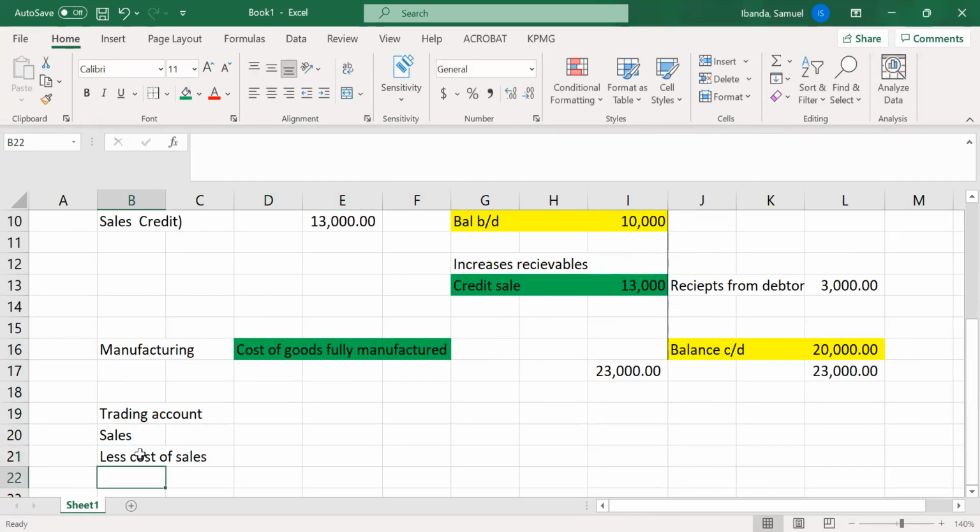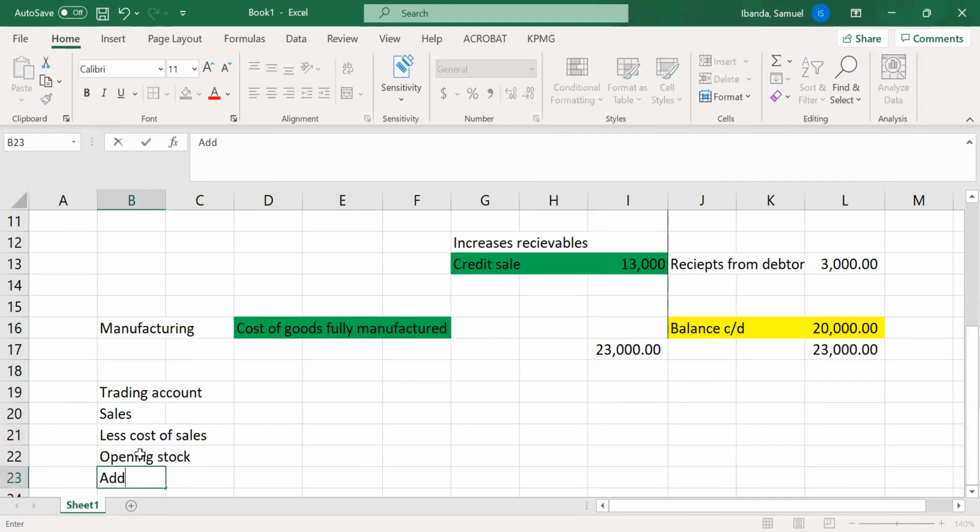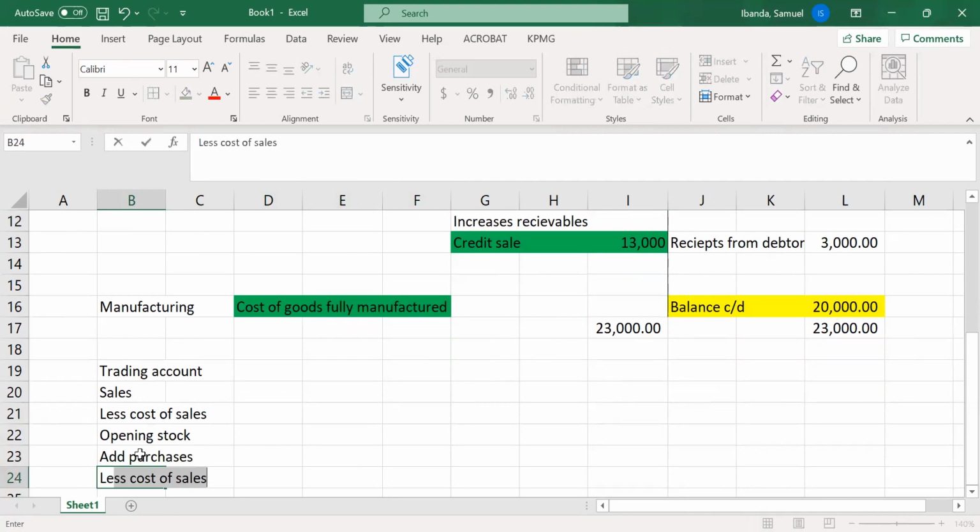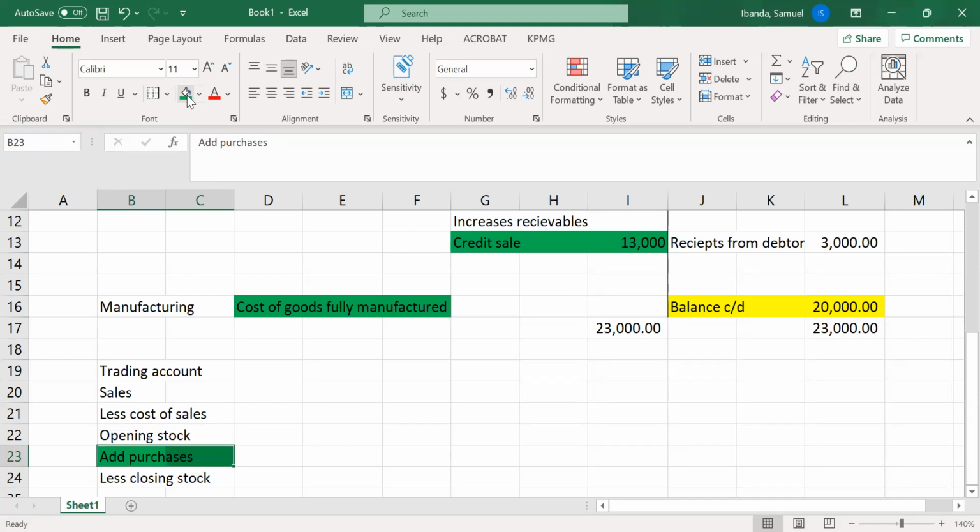Now, we know very well that our cost of sales is calculated by opening stock, add purchases, which is the generic one that all of us know, and less our closing stock. But when it comes to a manufacturing company, we don't have this so-called add purchases.